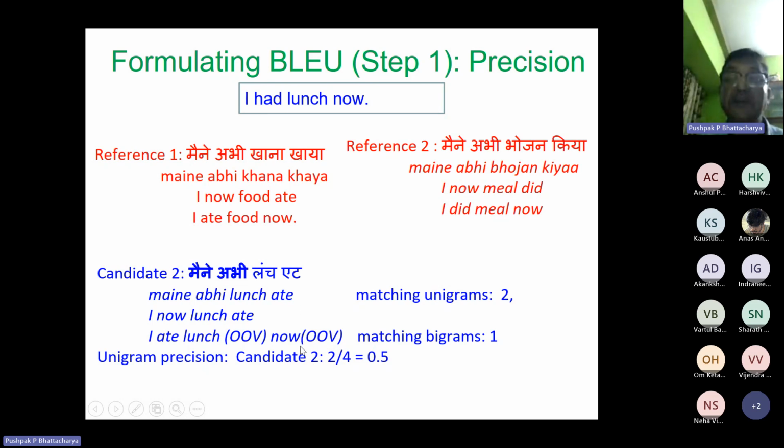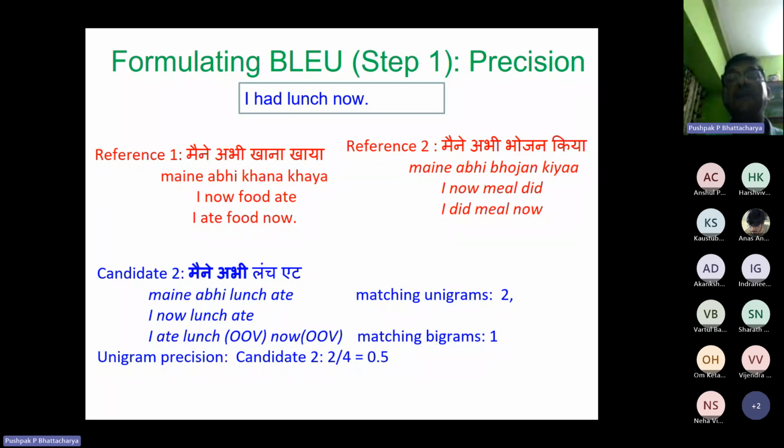The matching bigram is also 1. There are 4 unigrams, so 2 by 4 is the unigram precision score, which is 0.5. And 1 by 3 will be the bigram precision score. Okay. So this is step 1 for finding the BLEU score.